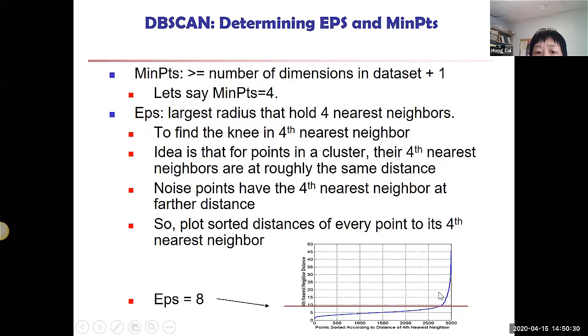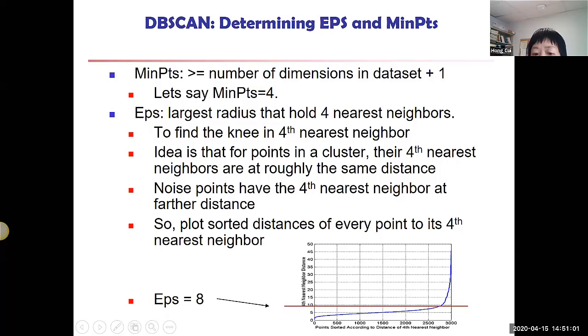The idea why this graph works is because intuitively we know that if the points are in a cluster, then the distance from a point to its fourth nearest neighbor should be roughly the same. Noise points, however, are going to have a much larger distance to their fourth nearest neighbor. So we can sort all the points. Those are our 3,000 points.